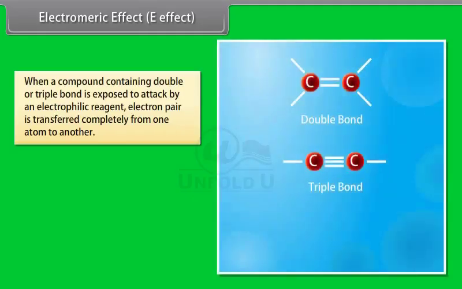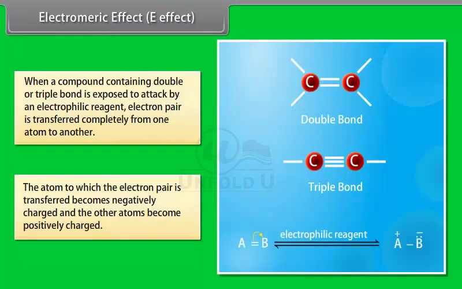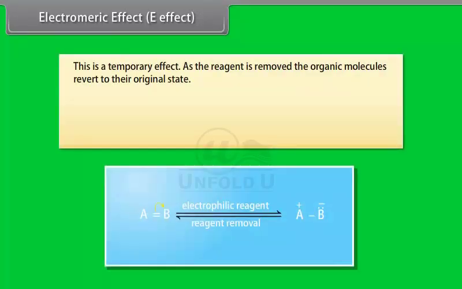Electromeric effect, E effect. When a compound containing a double or triple bond is exposed to attack by an electrophilic reagent, the electron pair is transferred completely from one atom to another. The atom to which the electron pair is transferred becomes negatively charged and the other atom becomes positively charged. This is a temporary effect.